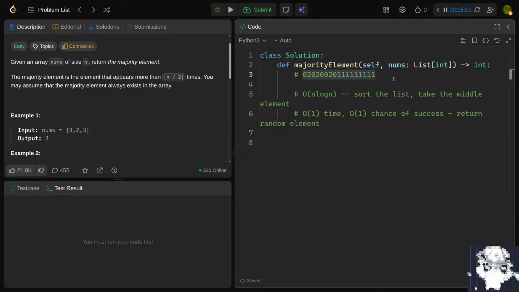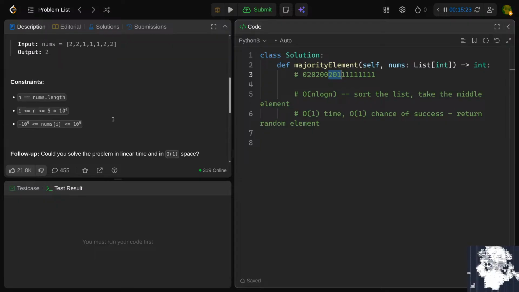I'm trying to think, is it enough to, let's say I counted the majority element of this, the majority of this, the majority of this. The problem is I'm not going to end up with a count of 3 things. I'm going to end up with n over 3 counts of things, which would be more than O(1) space.